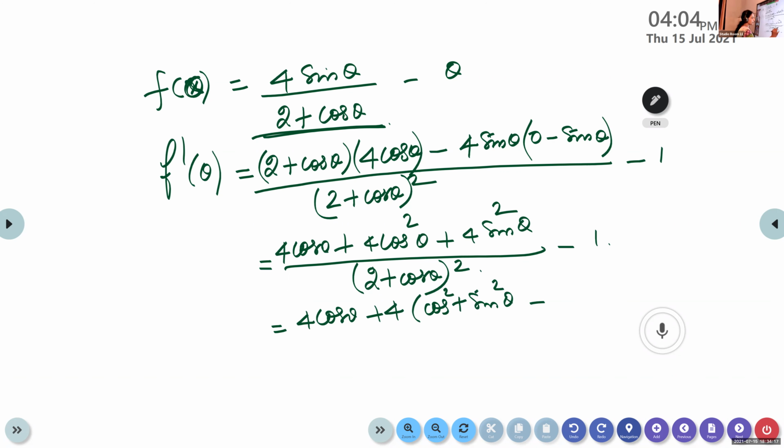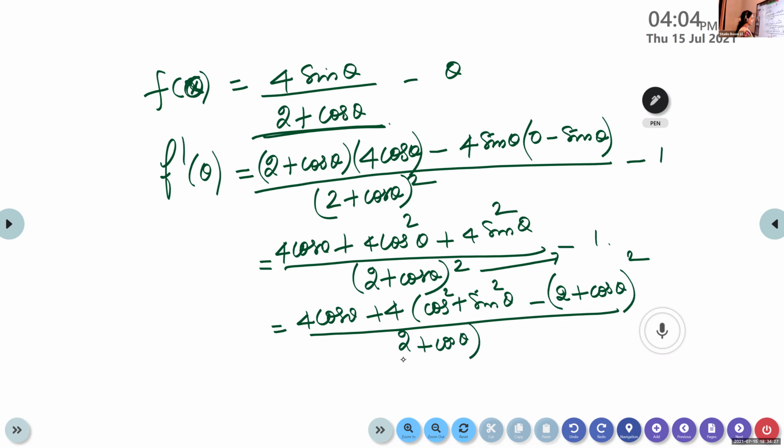And here I am taking the LCM, cross multiplying. So it will become 4 cos theta plus 4 minus, isn't it 8 cos theta? 2 into 4 cos theta, yes, 4 into 2 is 8. Yes, correct, Achut. So 8 cos theta plus 4.